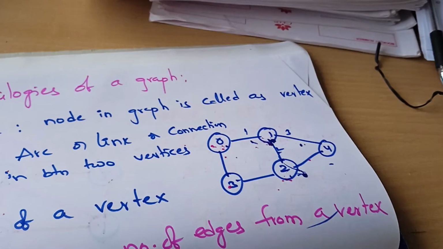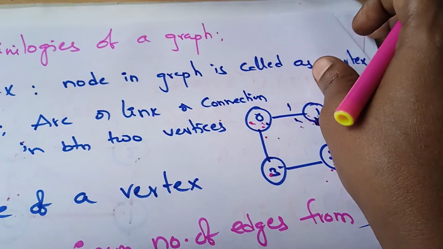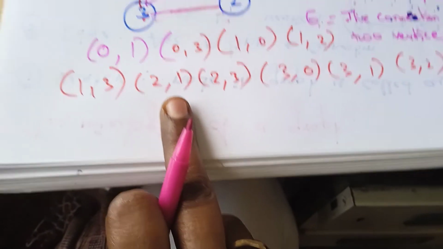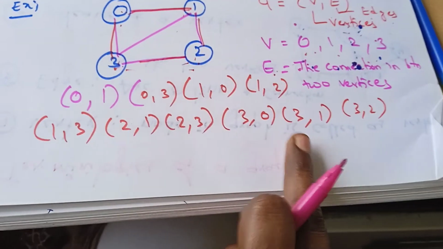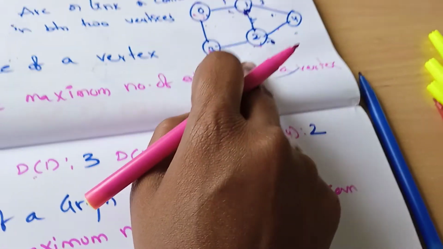Now look at this. How many edges does it have? We noticed the same just now, right? These are the edges of the graph. This is one diagram and this is the other diagram.